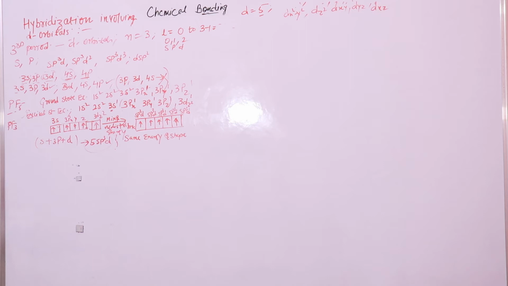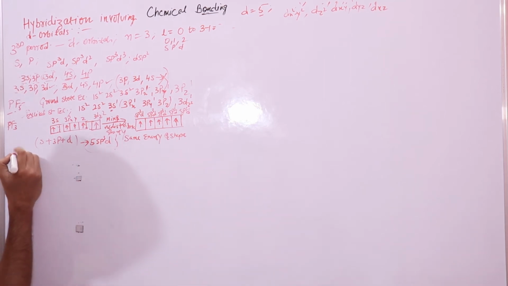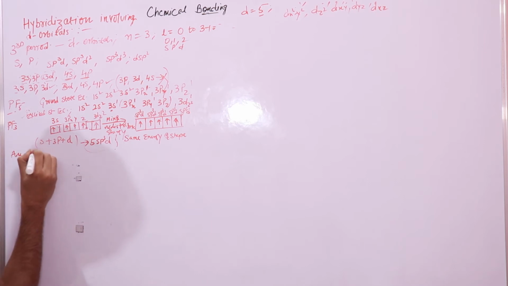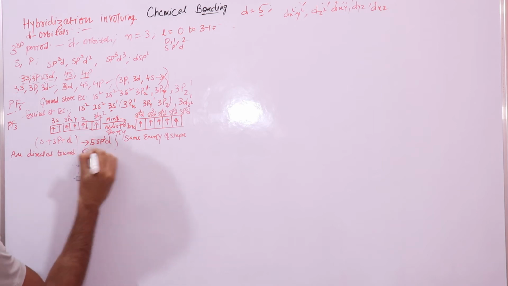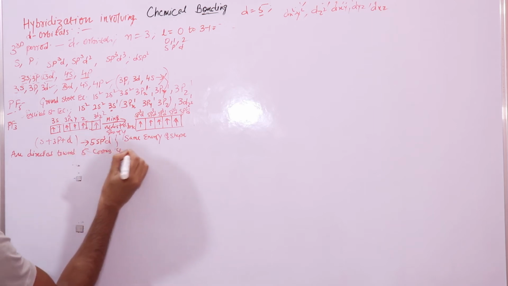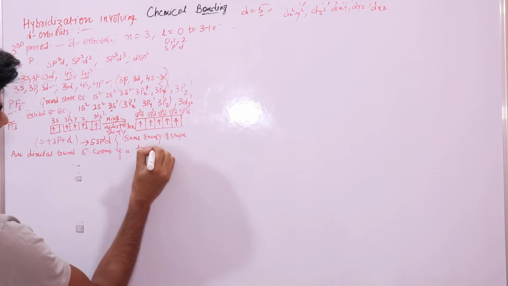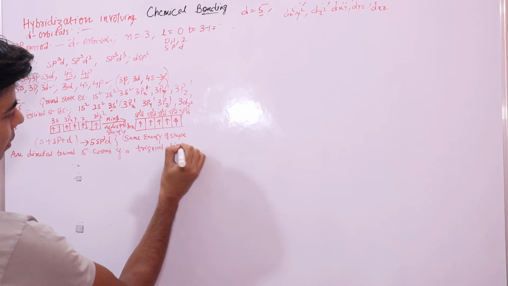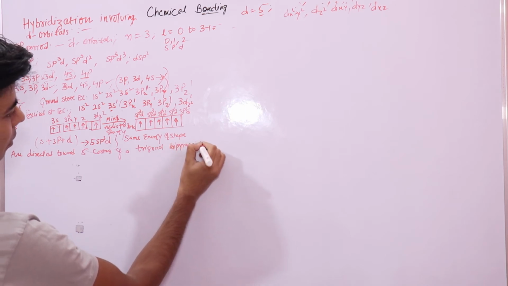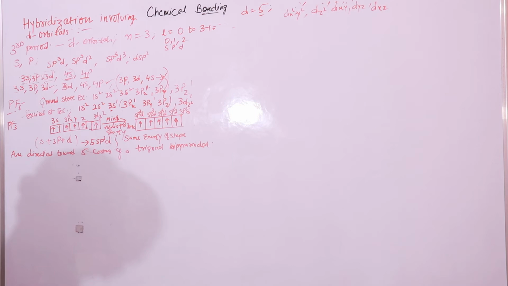The name of the shape is trigonal bipyramidal, right? These 5 orbitals are directed towards the 5 corners of a trigonal bipyramid. And how it looks like, it would be like this.